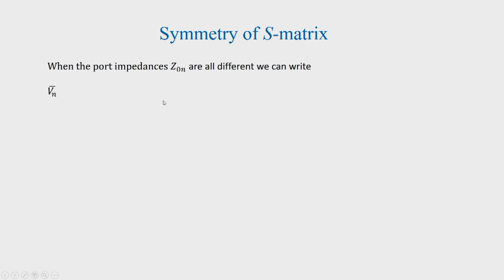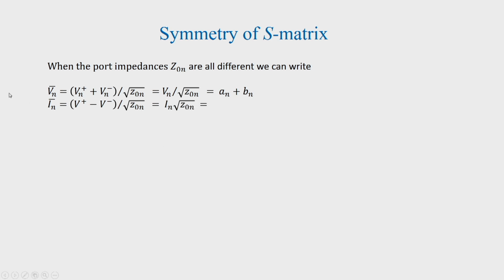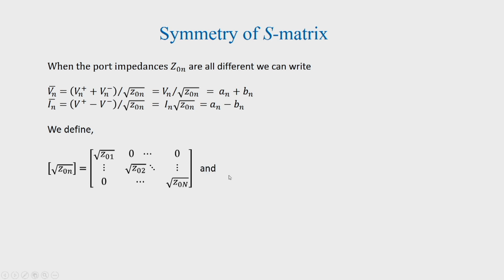So, in order to show that, we write V n bar to be equal to V n plus V n minus divided by root Z0 n, and this is actually A n plus B n, and in the same manner I n bar becomes A n minus B n, and we introduce two square matrices.